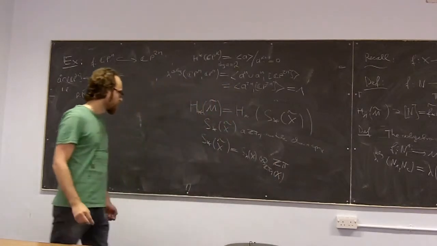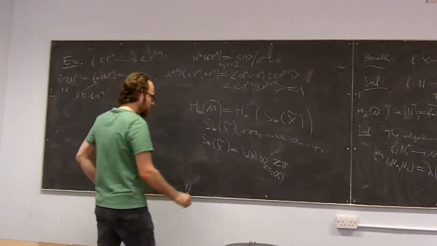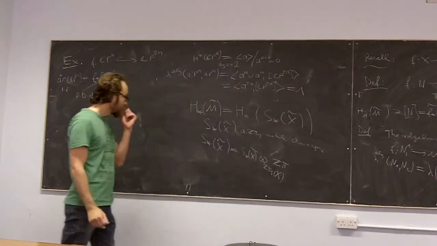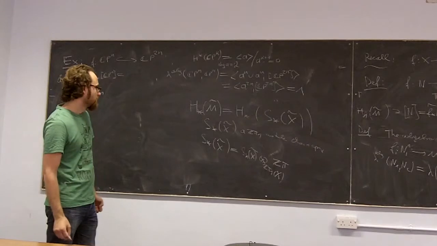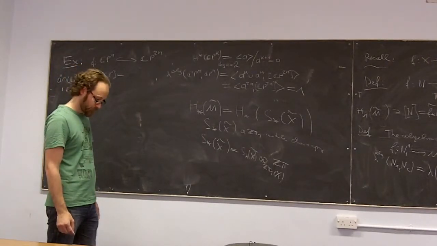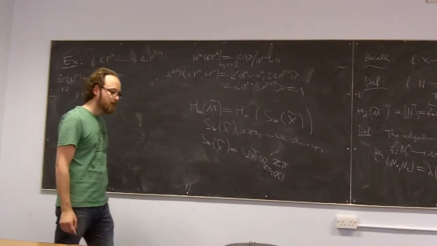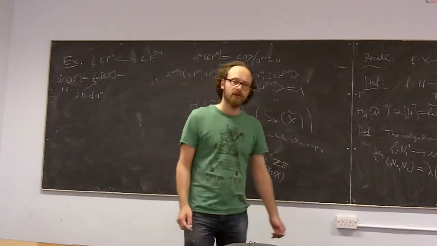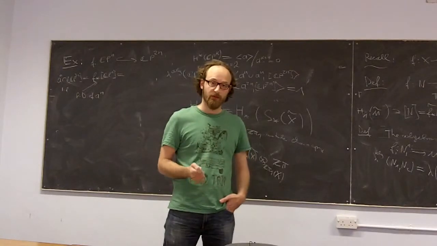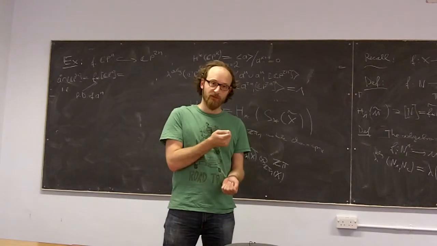Wait a minute, something is wrong. I need a tilde for the x, but then I can't define this via this. If you start with the CW complex, you have cells, and now you can lift the cells, and for every cell you get pi 1 copies of the cell on the universal cover.